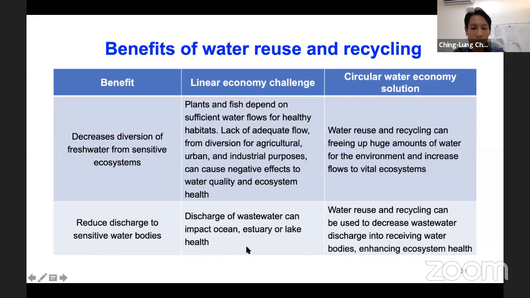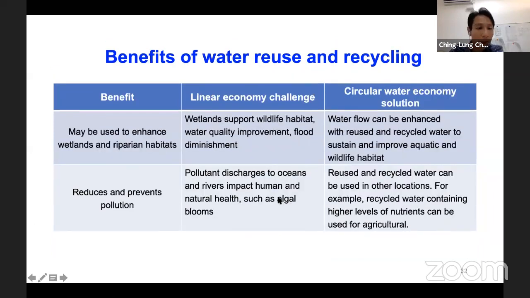Okay, let's take a look at the circular water economy. The reused and recycled water can be used to decrease wastewater discharge into receiving water bodies and enhance ecosystem health. And the other benefit is that it can be used to enhance wetlands or repair habitats.